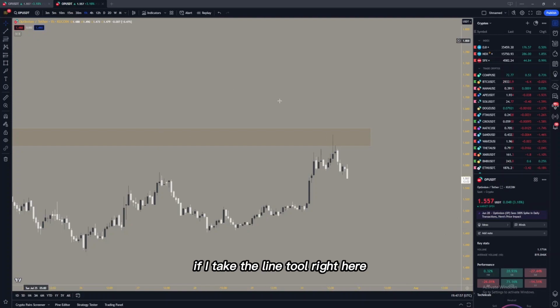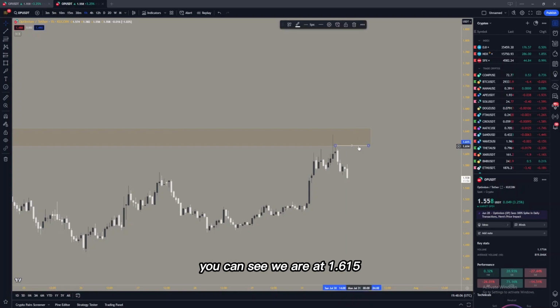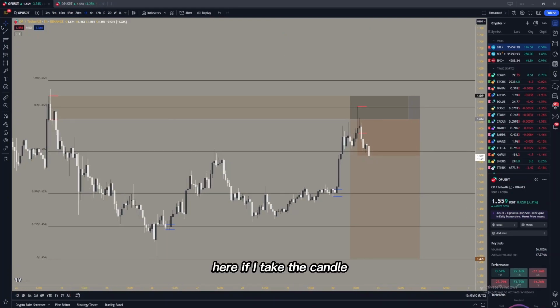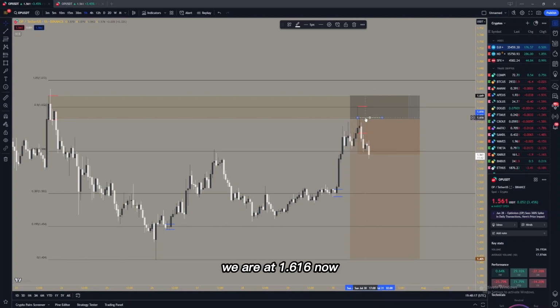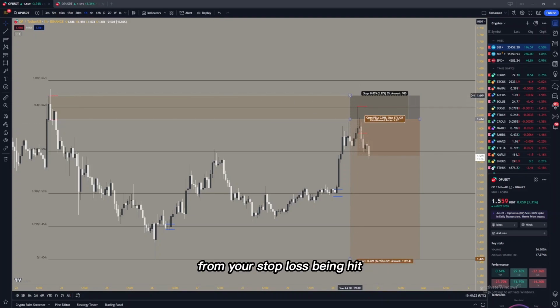If I take the line tool right here and go from this wick, we are at 1.615. Here, if I draw it from the wick, we are at 1.616. Although that is a very, very little change, it could be the change from your stop loss being hit to your stop loss not being hit.